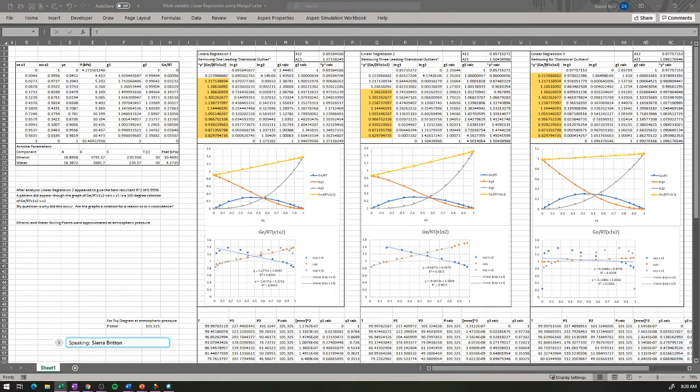Okay. Yeah. So all I'm doing is I'm taking that equation that I wrote earlier right here. So ln gamma 1 is equal to x2 squared times A12 plus 2 times A21 minus A12, or the other way around, times x1.